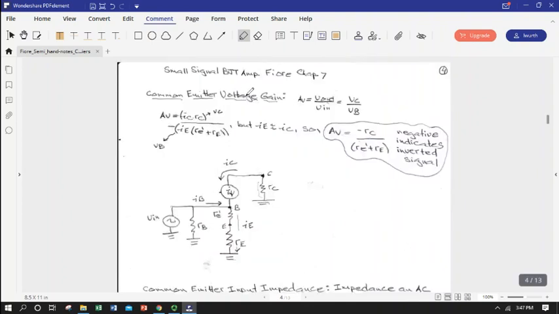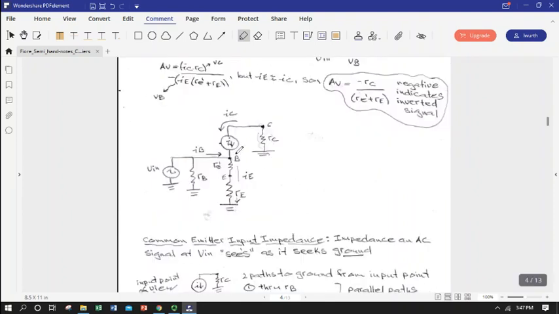Okay, speaking of gain, let's go ahead and define the gain of the common emitter configuration that we have here. So to do that, let's refresh ourselves. What is gain? Well, we're going to look at voltage gain. So it's V out over V in. Which in this case, let's see, what was V in?